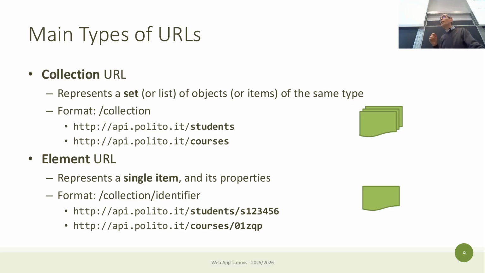Well, the URL that we recommend to operate on single elements or a single item is to have the name of the collection and then the identifier of the element. So it means that you need a unique identifier for this element, okay? So it's like students. Students have the student ID, as 1, 2, 3, 4, and so on.